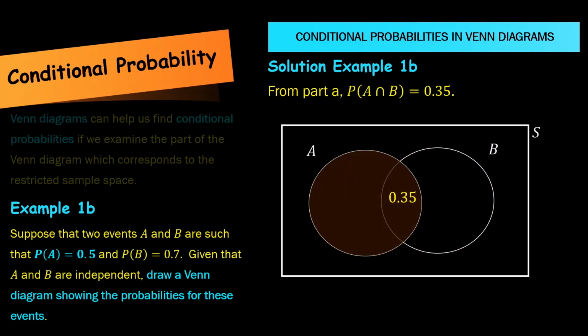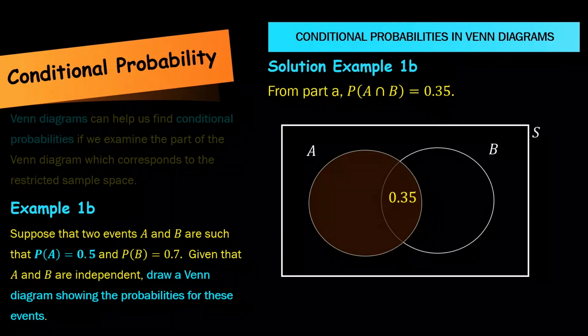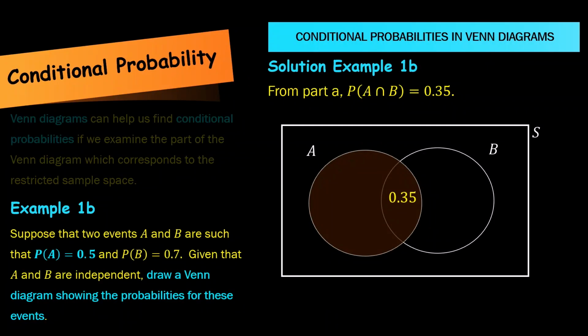We also know that the probability of A equals 0.5, so we already have 0.35 in the A circle. Therefore, the remaining probability in this circle is going to equal 0.15.